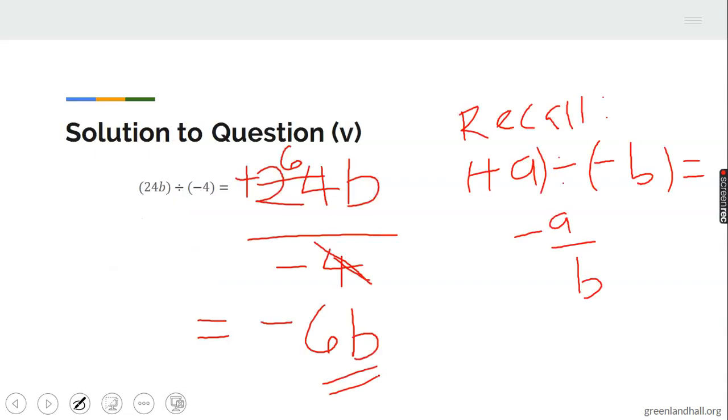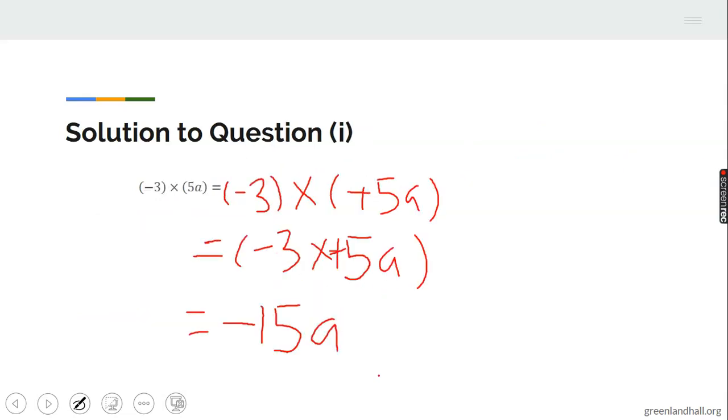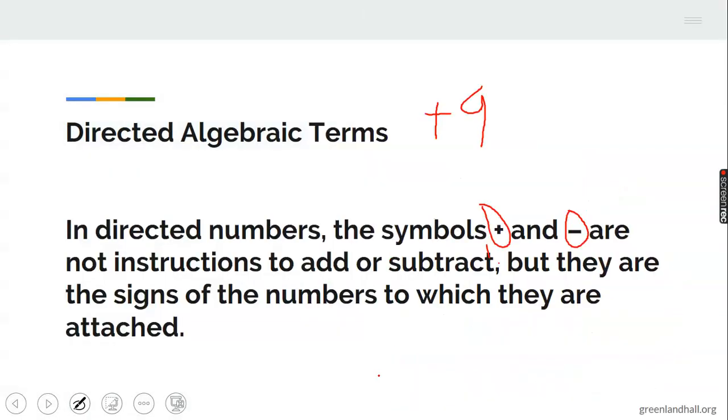So, we've come to the end of our class for this morning, and I want to go back to just remind you of what we've talked about. We talked about directed algebraic terms, that is, numbers that are attached to signs. You can have positive 9, negative 9, positive 10, negative 10, and so on.